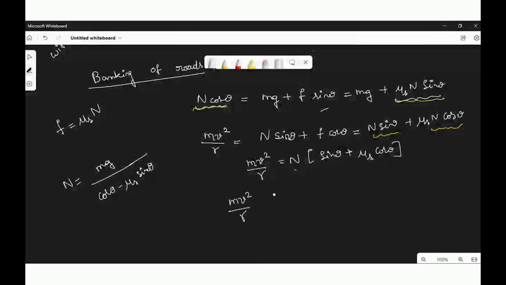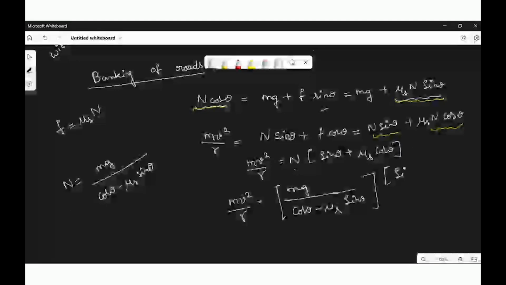mv square by r is equal to N, which is mg by cos theta minus mu s sin theta, into sin theta plus mu s cos theta. Will this sin theta cancel? No, because this is in the addition form.